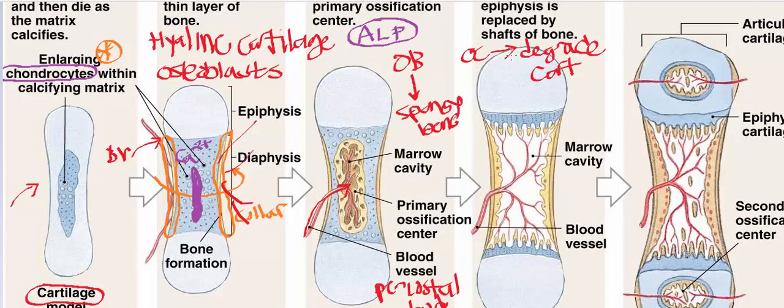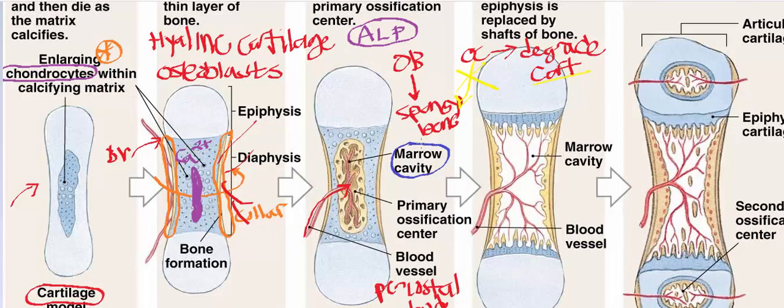So not only will the osteoclasts degrade the cartilage, they will also degrade the spongy bone. And so what that does is it creates a central cavity. This cavity is referred to as the marrow cavity, or sometimes the medullary cavity. Okay, very important terminology.